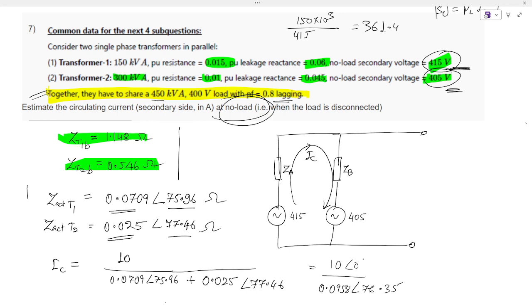Actual values are found by multiplying the per unit values by the base values, which gives 0.0709 at an angle 75.96 and 0.025 at an angle 77.46. You can clearly see that these X by R ratios are different.